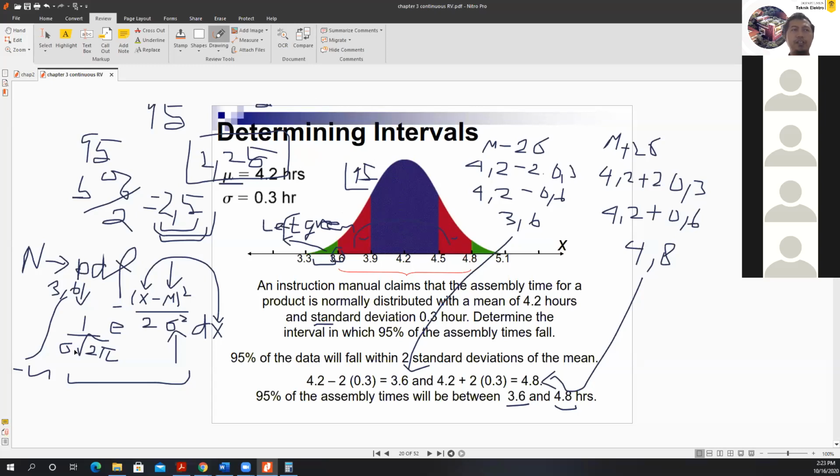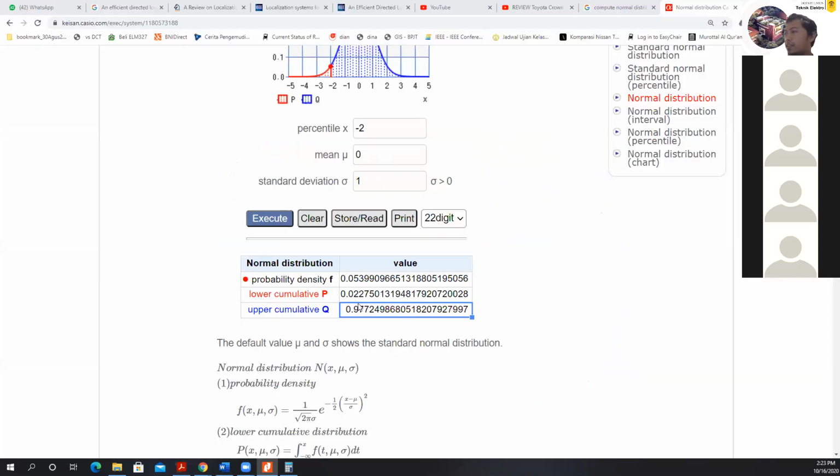Because the integration of this, you can see here from the real computation, there are still numbers after the zero. This actually depends on the significance.